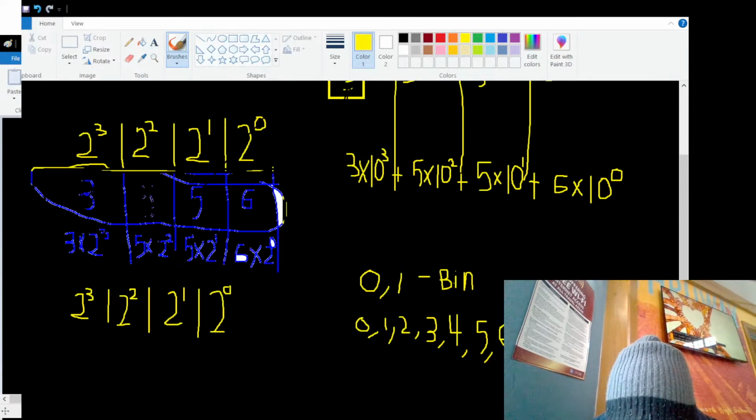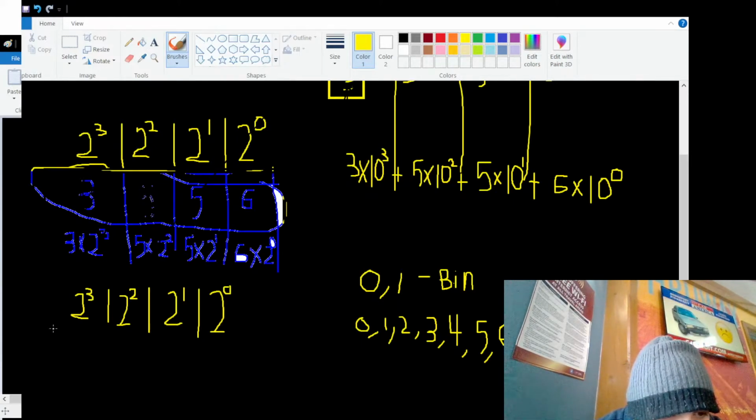And that would be the decimal system. So we'll see how this would look.